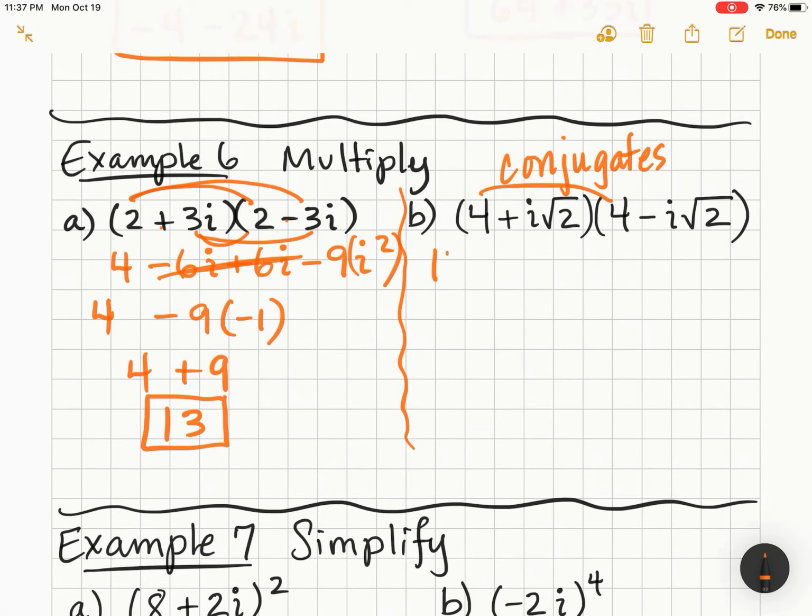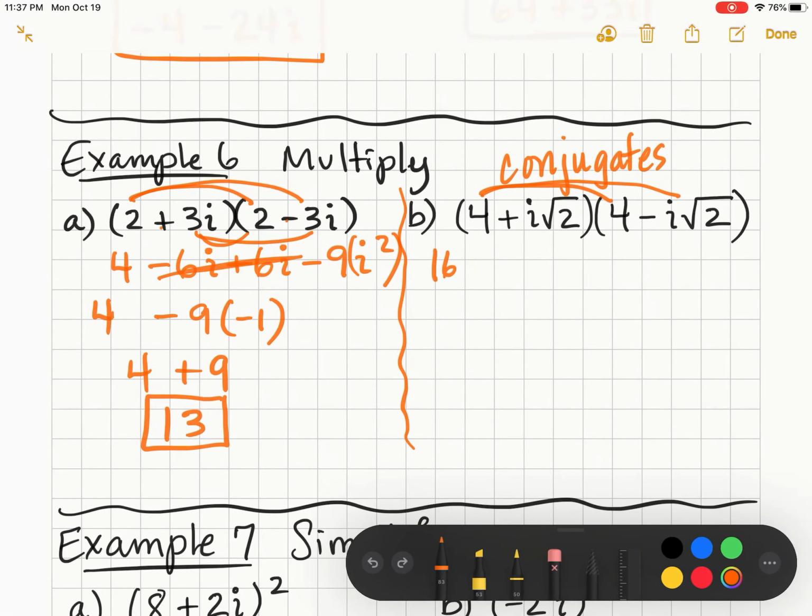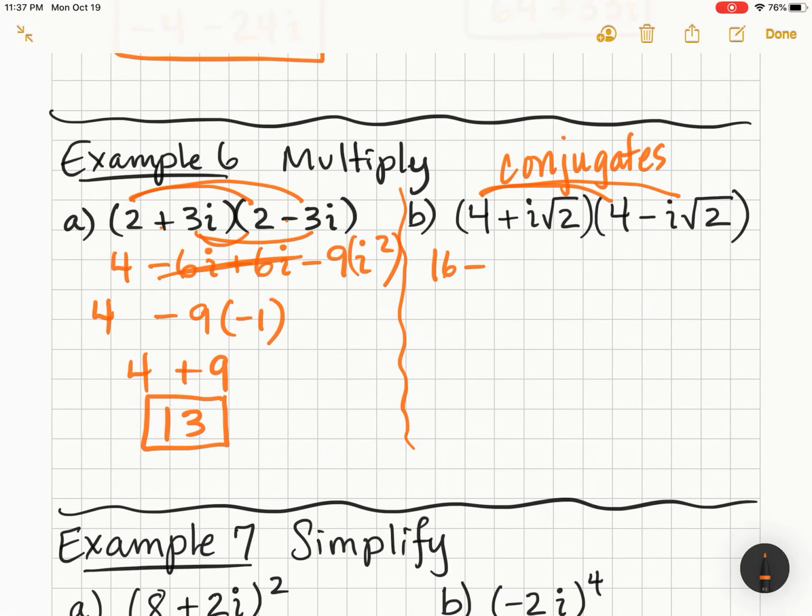4 times 4 is 16. Outer. Remember, outer and inner cancel, but I'd like for you to see it. We get 4i radical 2, and on the inner, positive 4i radical 2.